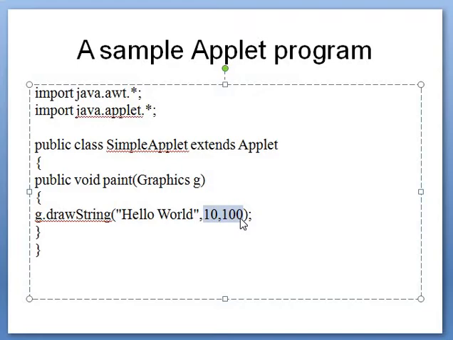So at coordinate position 10, 100 on the applet viewer window or the web browser window, Hello World is displayed. That is the thing.